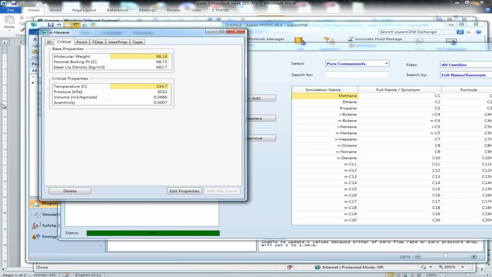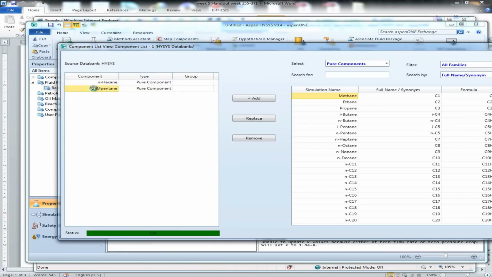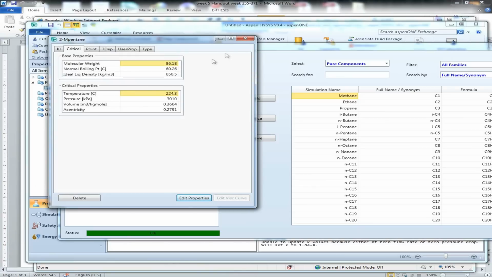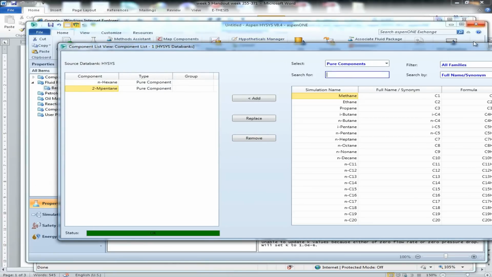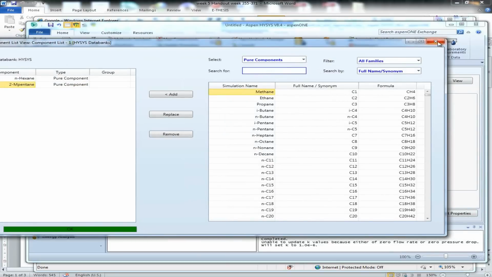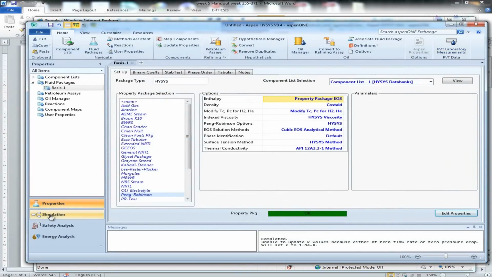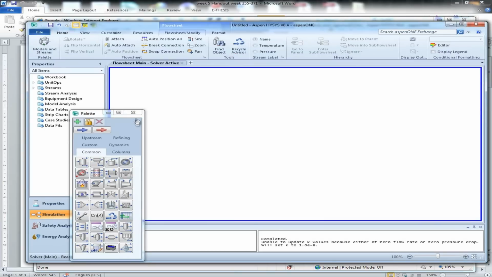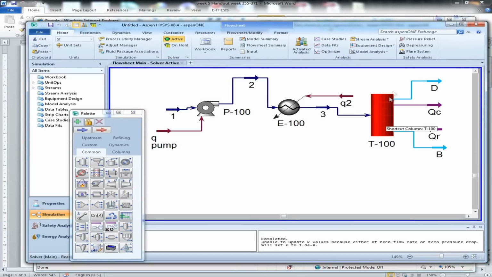See, the boiling point of N-hexane is 68, while the boiling point of 2-methylpentane is 60. So 2-methylpentane will go to the top and hexane will go to the bottom.